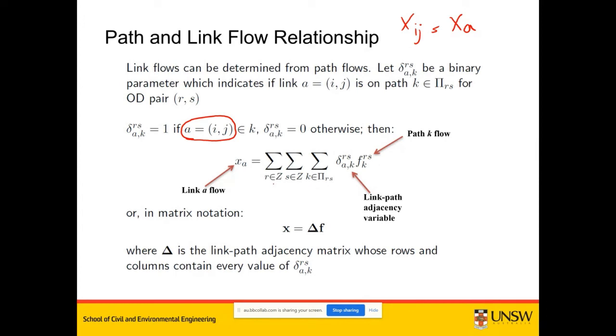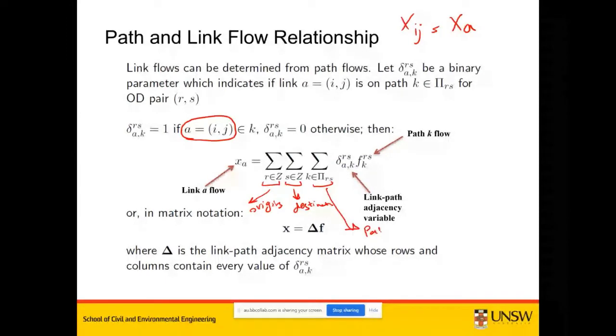This is summation over all the origins. This is summation over all the destinations. And this is summation over all the paths, right? So this is summation over the paths connecting R and S, the feasible paths, the acyclic paths.